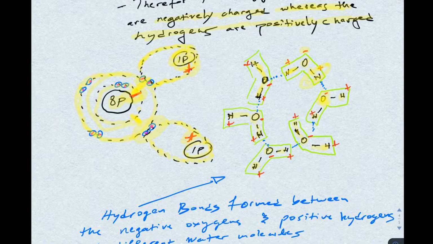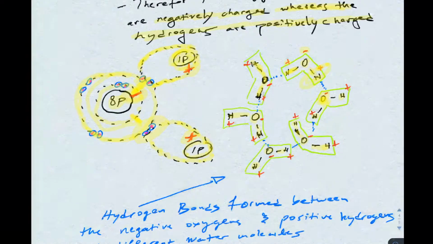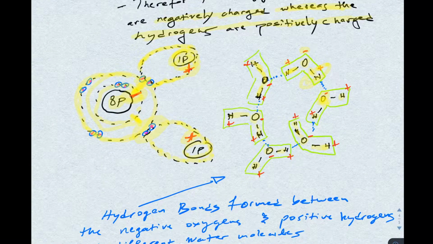And conversely, it is trying to stay away from the other hydrogens that are on the second molecule. We draw a dotted line, in this case this line right here, to show that attraction. And that is the hydrogen bond. That dotted line is the hydrogen bond that forms between those two water molecules.